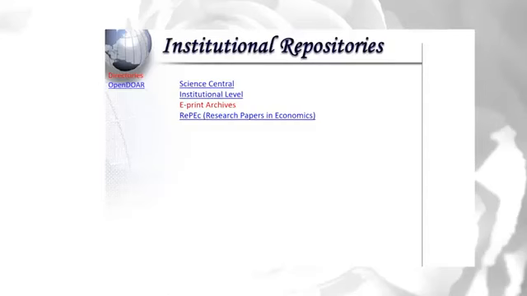Now, another important open access resource is the institutional repositories, which is basically the collection of peer reviewed data, which comprises the intellectual output of the institution. There are many institutional repositories, and I will show you some.